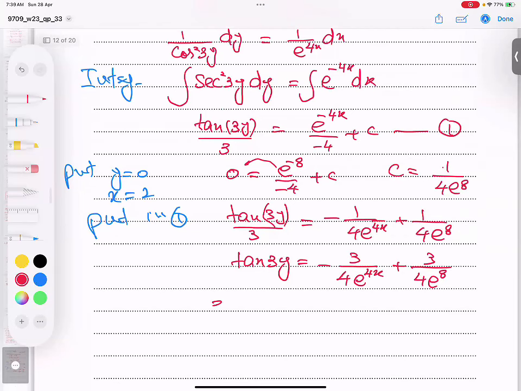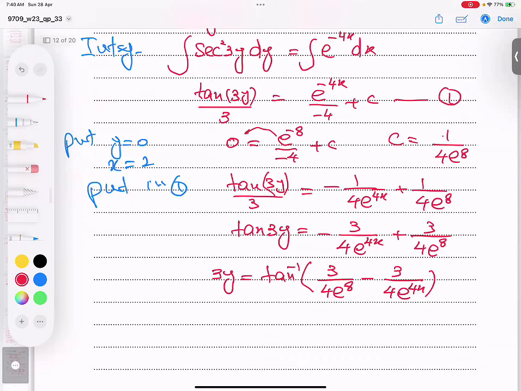And now I'll leave 3 here and tan will go there. Due to the negative sign, I bring it to the right-hand side and this to the left-hand side. So no issue at all. So 3 over 4 e to power 8 minus 3 over 4 e to power 4x.